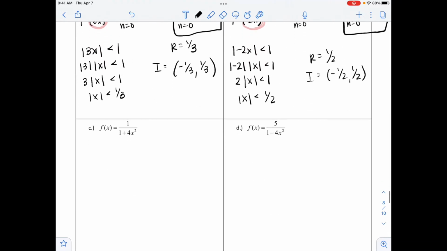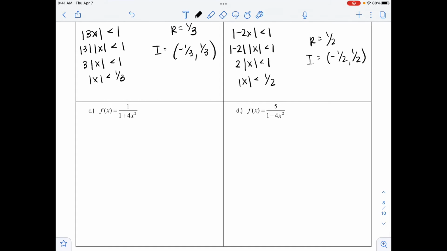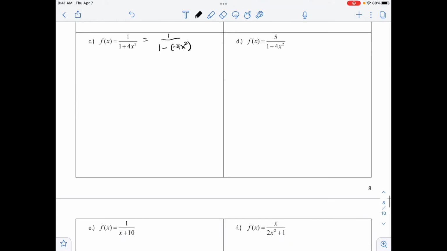Part C also needs to be manipulated, and we can rewrite this as 1 over 1 minus negative 4x squared, just like how we did in the previous example.